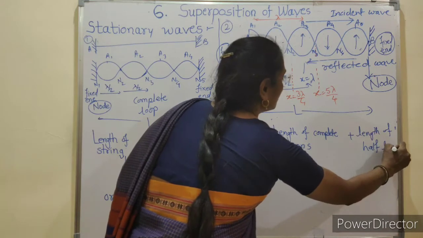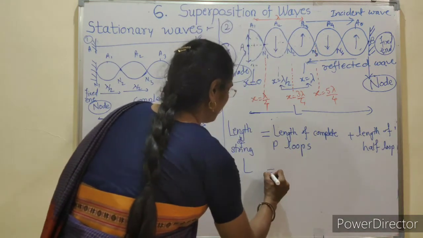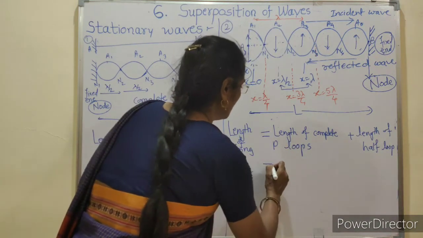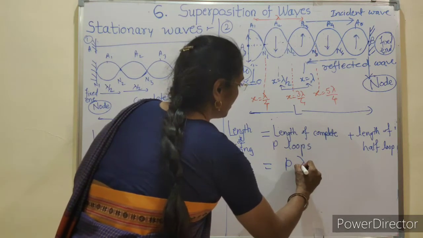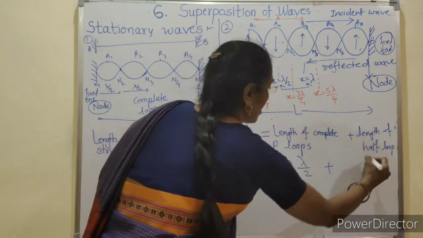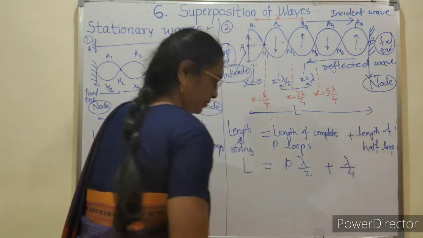So try to note this point. Here L is equal to the length of P loops, which is P into lambda by 2, plus the length of the half loop, which is lambda by 4.